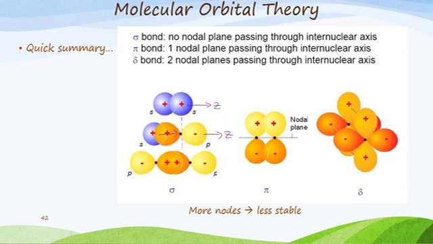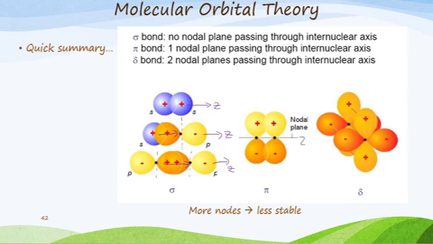And similarly here, where we've got the Z-axis going in this direction, there are two nodal planes for the two p orbitals. They're perpendicular to the bonding axis because the bonding axis takes place in this direction. Okay, so that is a sigma bond. With a pi bond, we have one nodal plane passing through the internuclear axis.